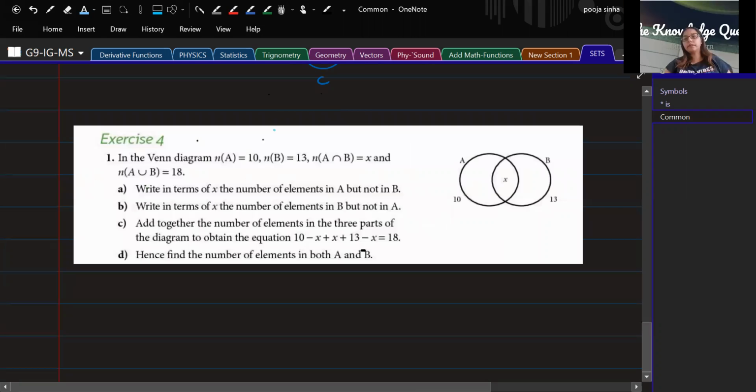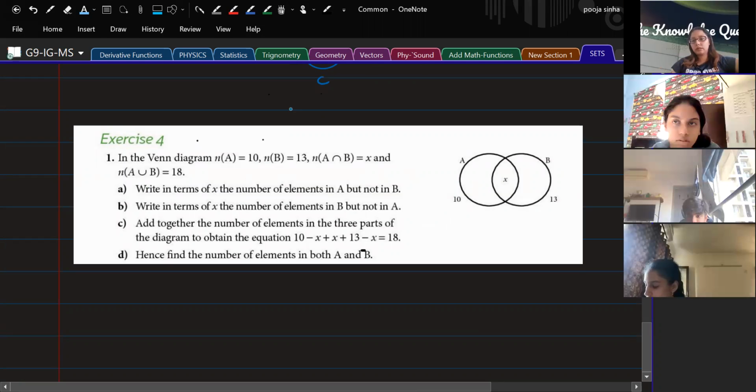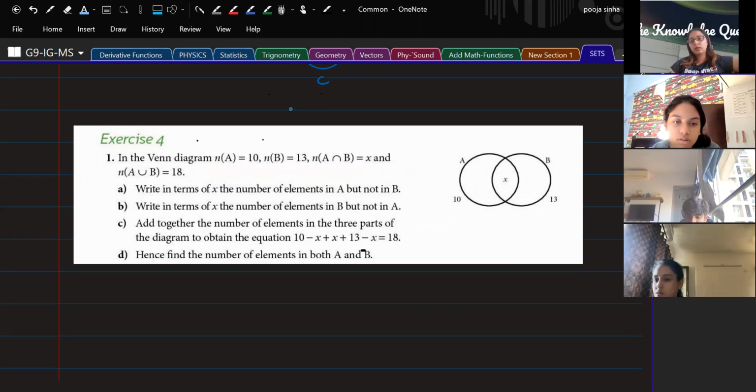In the Venn diagram, you remember what is cardinal number? Kyra, what was cardinal number? I don't remember cardinal. Look at your notes. You must have written, no? I wrote intersect, I wrote union, and I wrote the same.